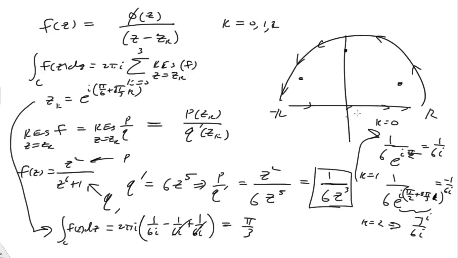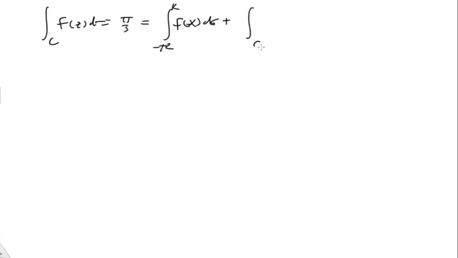All right, so now the integral around this whole contour for a fixed value of r is going to be this. Let's see if we can wrap this up here. So this contour integral was equal to pi over 3, and that was equal to the integral from negative r to r of f of x plus that contour integral over CR of f of z dz.